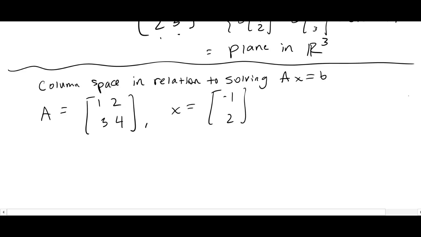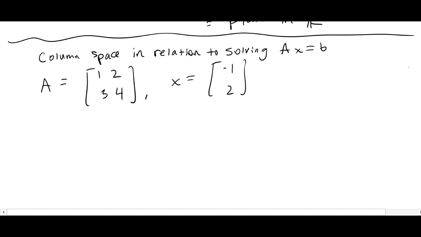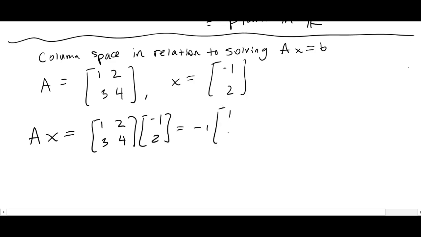The product A times x, matrix times vector, can be written as negative 1 times the first column of A plus 2 times the second column. So A times x is a linear combination of the columns of A.